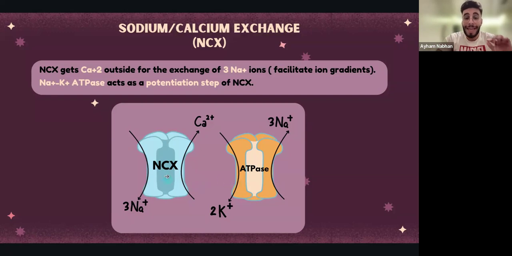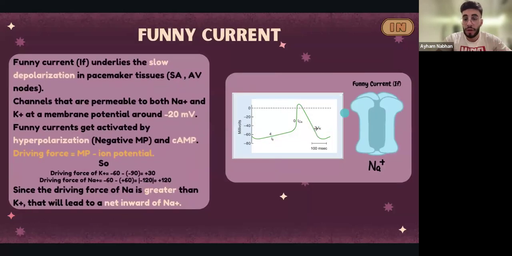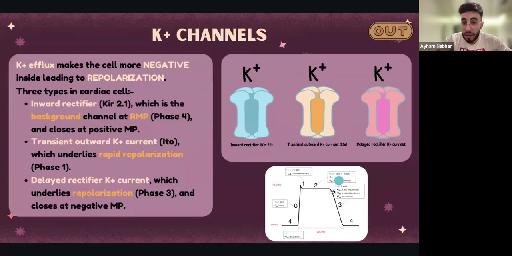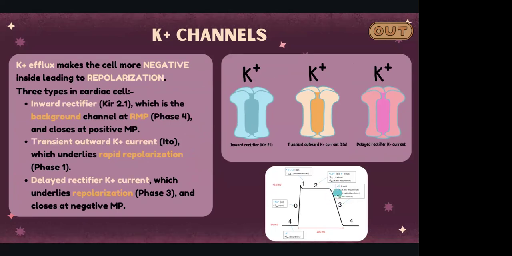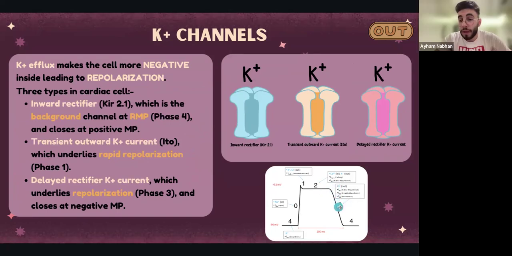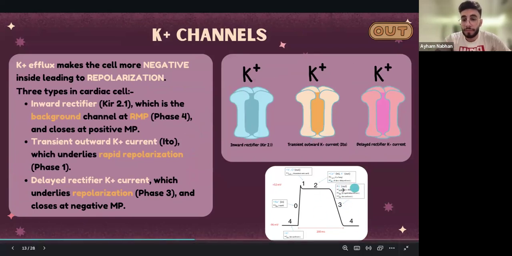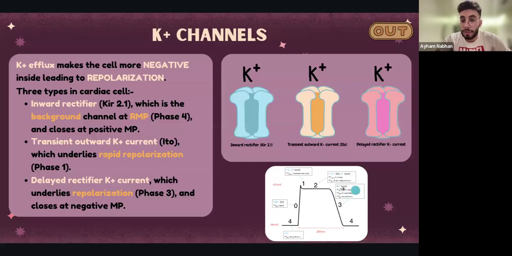But the NCX channel particularly would open during phase 3 in the action potential. Let me show it to you. Can you see here? Yes. So the NCX would open over here, just to facilitate the calcium and potassium. You got it? But the ATPase, it's always open.